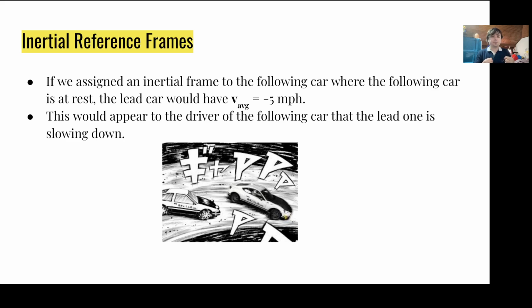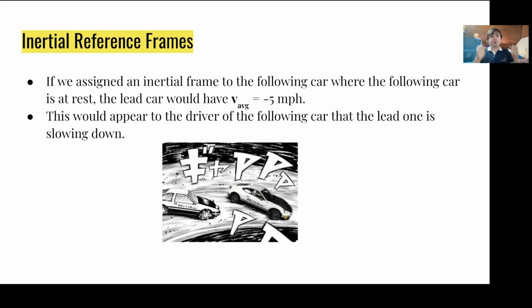But what we could also do is assign the following car to be the car at rest. So basically, say you're the driver in the following car. From what you see, you're not going to say that the lead car is going 65 miles per hour without making a conscious effort to be like, okay, I'm going 65 miles an hour and the other one's going 60 miles an hour. Anyway, you would basically be like, oh, it looks like that car is coming closer to me, or it has a negative net velocity.